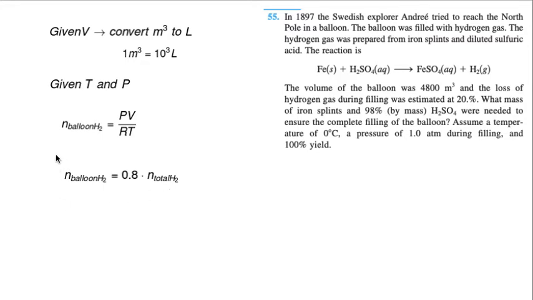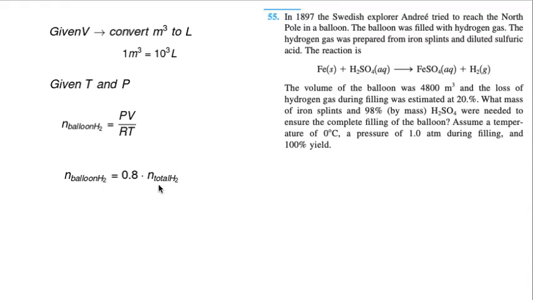And this is perhaps the trickiest piece of information to interpret, because when we are using the volume of the balloon and the temperature and pressure, really we're just solving for the moles in the balloon, but not the total. The total H2 is really important, which is what was required to get that balloon going, the total amount.